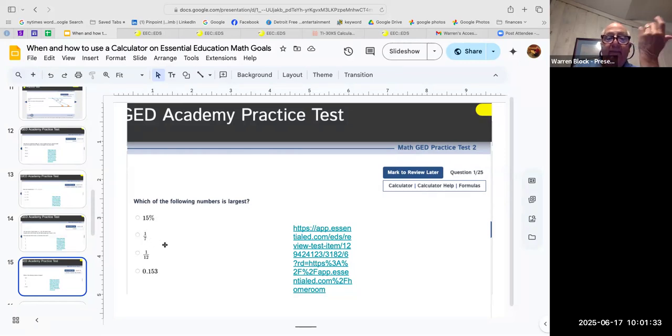So on my calculator, I'm just going to do 1/7. And 7 into 1 goes about 14 times, so it's 1.4 and something. So the largest answer would be 0.0153.